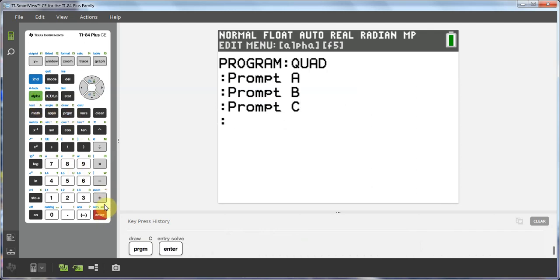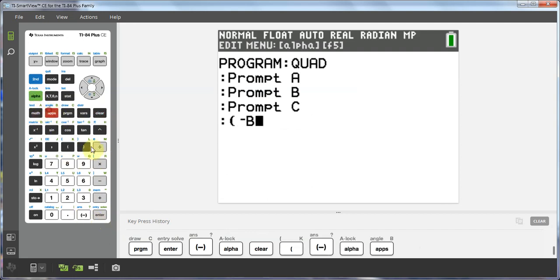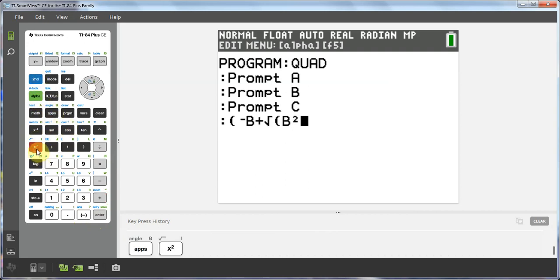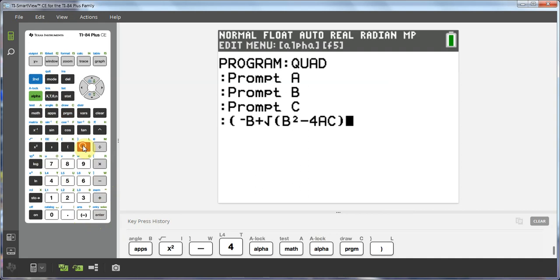Okay. So now that we have these 3 variables, we can substitute them into the quadratic formula, which is opposite of B. And before I do that, make sure I have parentheses here. Opposite of B plus the square root of B squared minus 4AC, all of that over 2a.